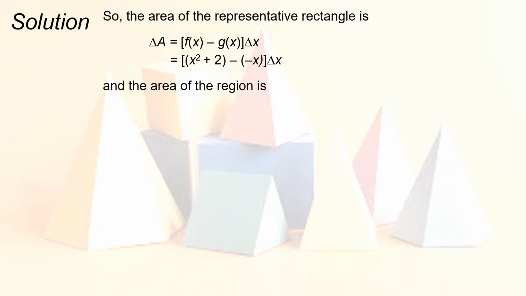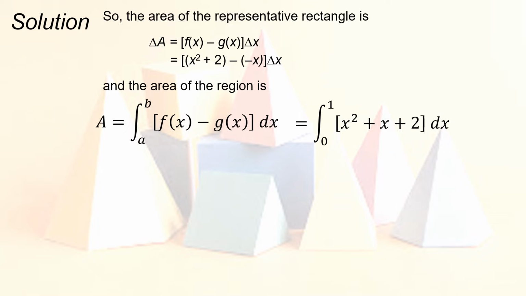And the area of the region is equal to the integral of f of x minus g of x dx from a to b. And then we have the integral of x squared plus x plus 2, wherein it comes from here: x squared minus negative x is x plus 2.